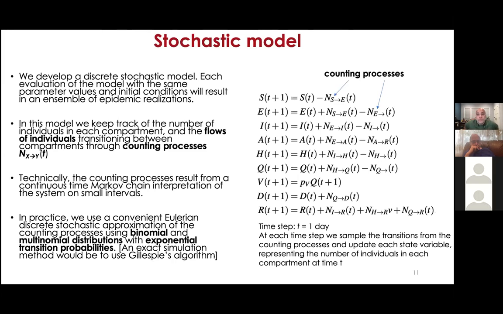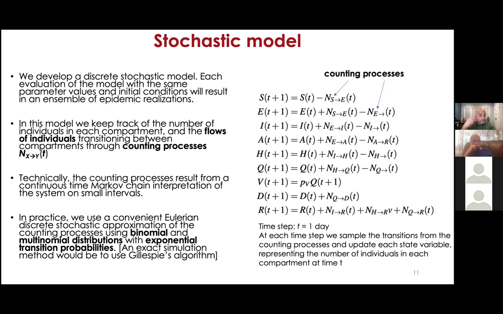Here we use a counting process to describe the flows from the current state, susceptible for example, and the number of individuals that would go from susceptible to exposed, which then gives us the next time point in terms of the number of individuals within that component.